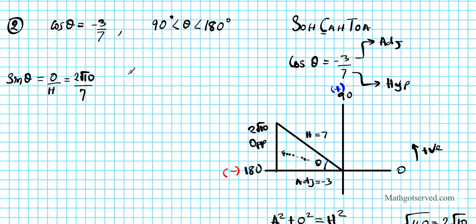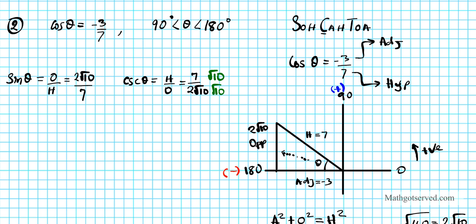Sine is opposite over hypotenuse, and its reciprocal is cosecant. Cosecant is going to be hypotenuse over opposite, which is 7 over 2 root 10. But we cannot have a radical in the denominator, so we have to rationalize the denominator. What does that mean? You multiply the numerator and the denominator by root 10.